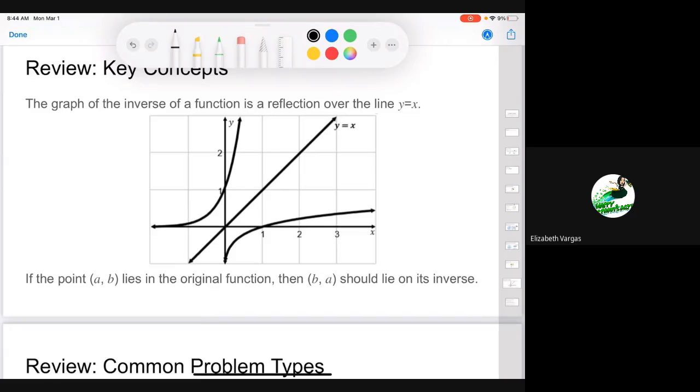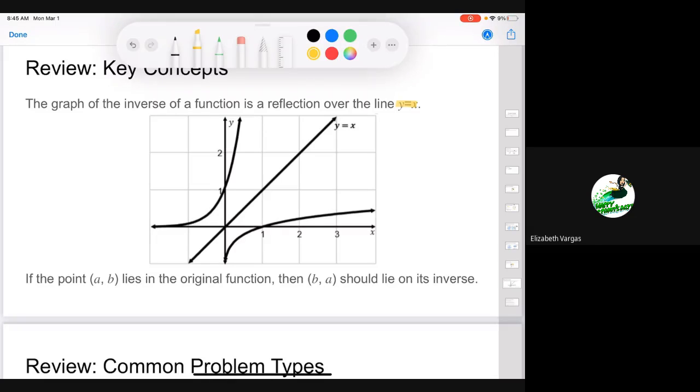What we also learned is that the graph of an inverse of a function is reflected across the line y equals negative x. So if we have an original function, we can find the inverse function on a graph by using y equals negative x. And what we'll also notice is that by doing so, all the AB original coordinates will now get mapped to BA.